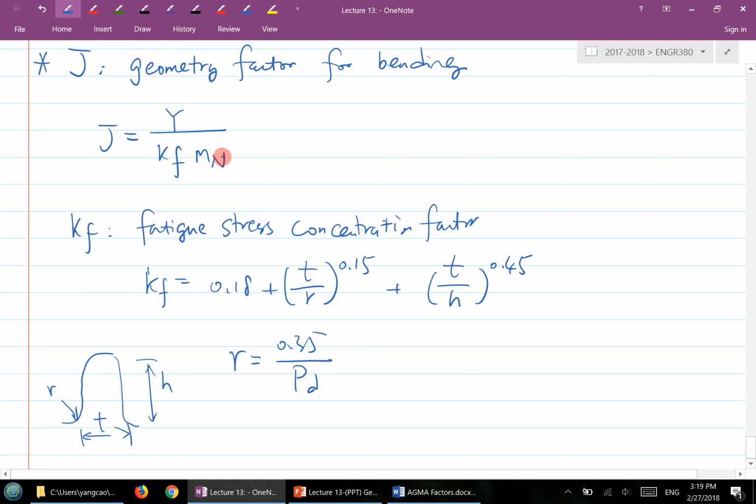And Mn here is called the load sharing ratio.